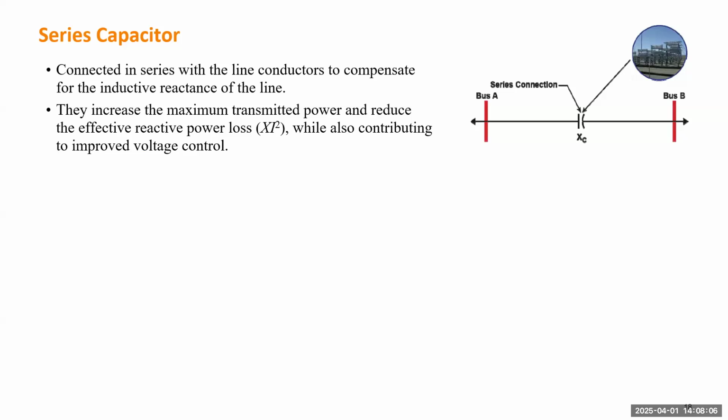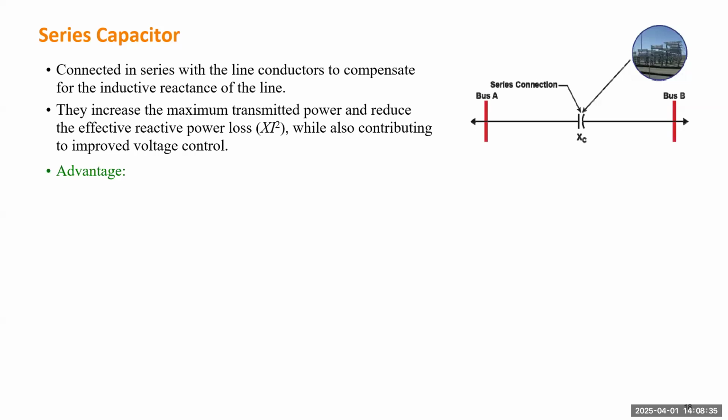One purpose of the series capacitor is to mitigate the impedance of a long transmission line, because most transmission lines will eventually be more inductive. So when you add this capacitive reactance in the middle, it will cancel some inductive reactance. Which means you can deliver more active power.